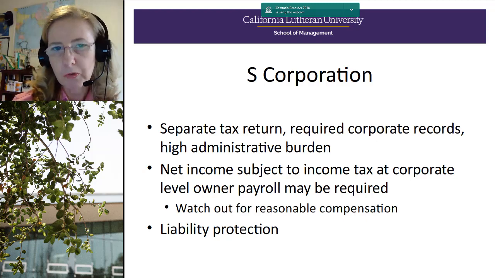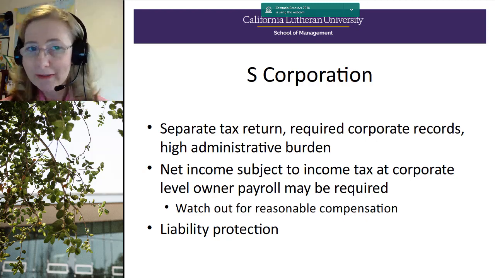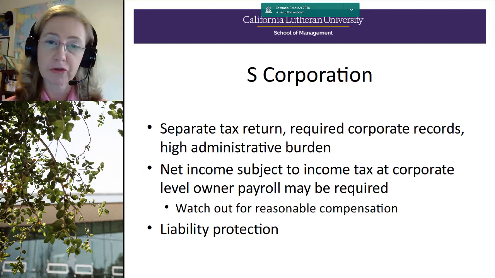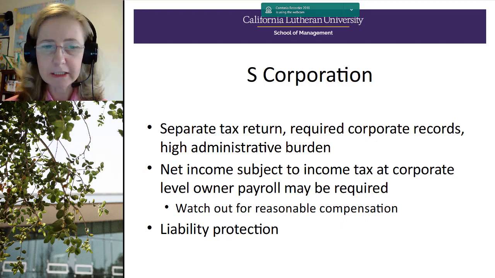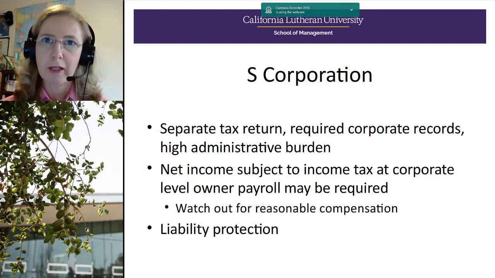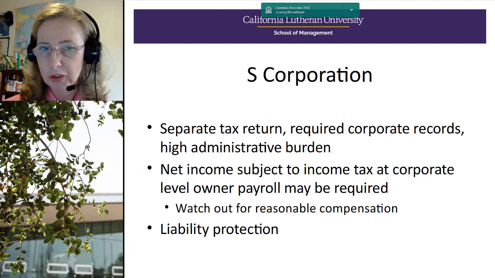But if you're an S corporation owner and you're working in the business, you have to pay yourself payroll. Now, if you don't have other employees in the business, this is an extra cost and an extra administrative burden. In addition, all S corporation owner employees need to be aware of the reasonable compensation issue.